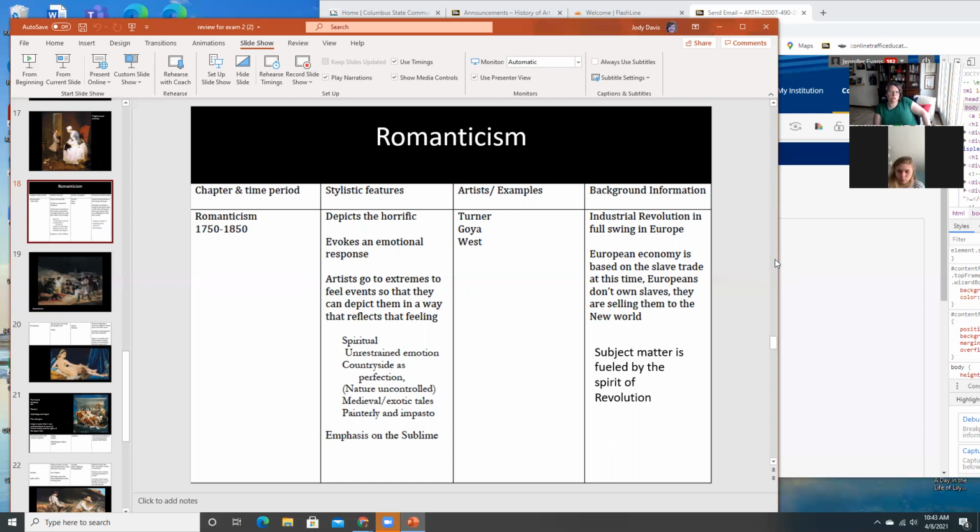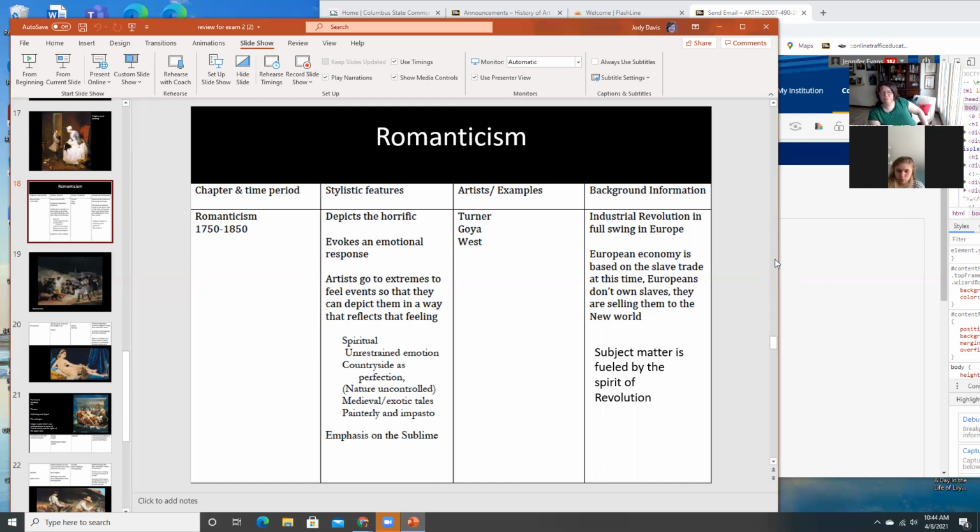Artists go to extremes to feel events that they can depict, so that they can depict them in a way that reflects that feeling. They're spiritual. They have a sense of unrestrained emotion. They are 100% the opposite feeling of the Enlightenment. They have a sense of uncontrolled nature. We get medieval and exotic themes, and the sublime becomes a very important concept.